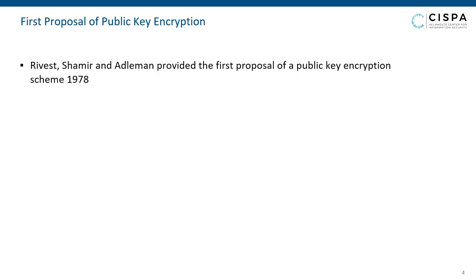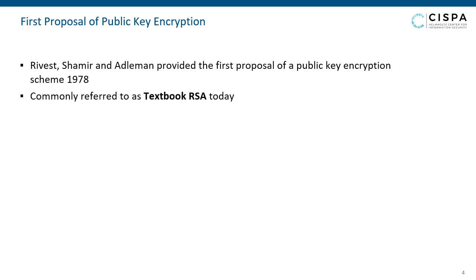Historically, the first proposal of a public key encryption scheme is due to Rivest, Shamir, and Adleman, who proposed such a scheme in 1978. You've already seen the basics of this scheme, but let's briefly reiterate how this works.